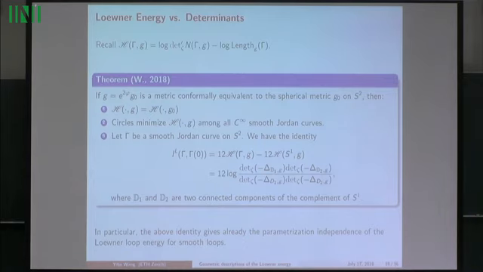If we look at this identity, it already gives us the root invariance, the parameterization independence, of the Loewner energy. In this formulation there's no root anymore. So that is one of the results that we're seeking.